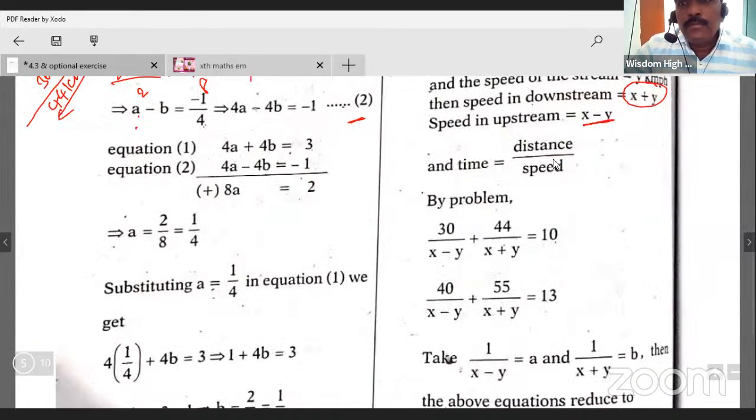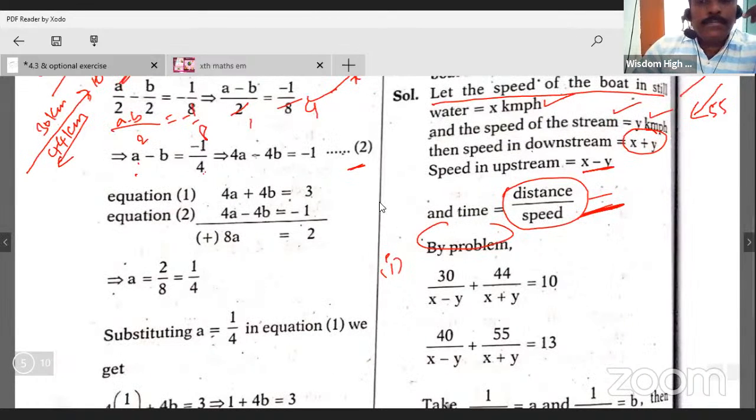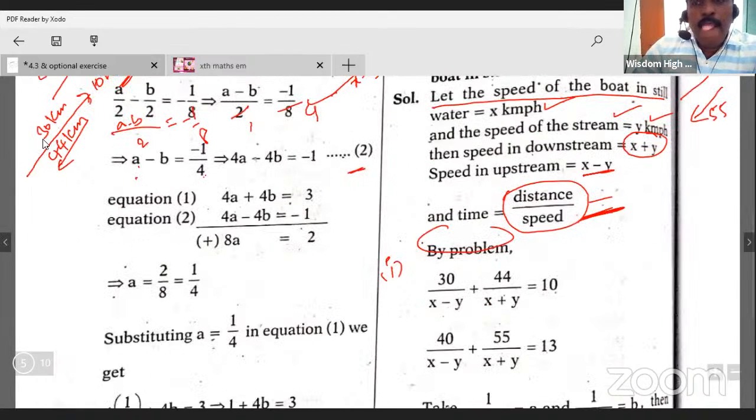I want to remind you of one formula: time is equal to distance by speed. By the problem, in the first case, they travel 30 kilometers upstream.